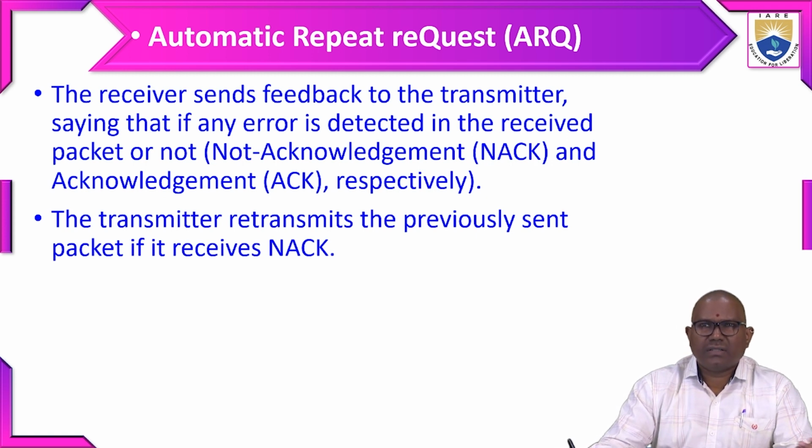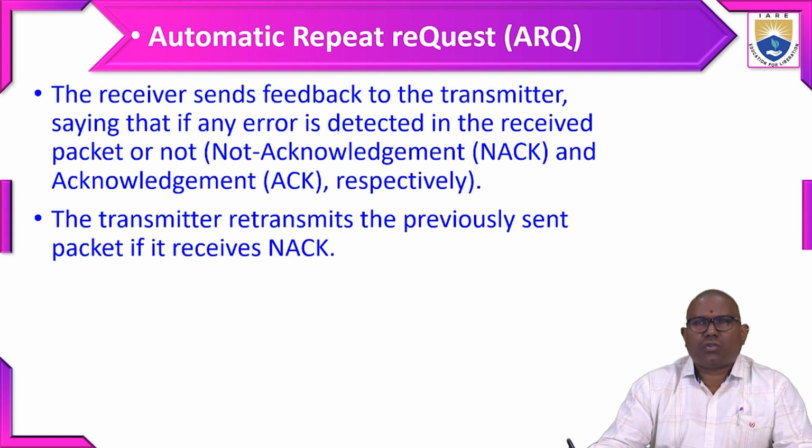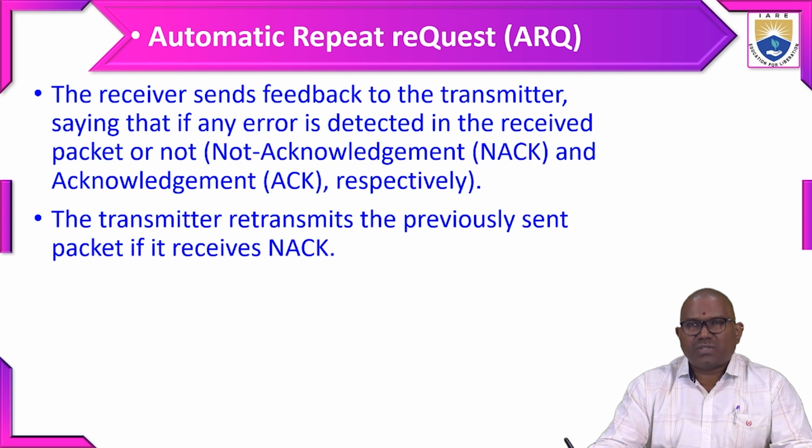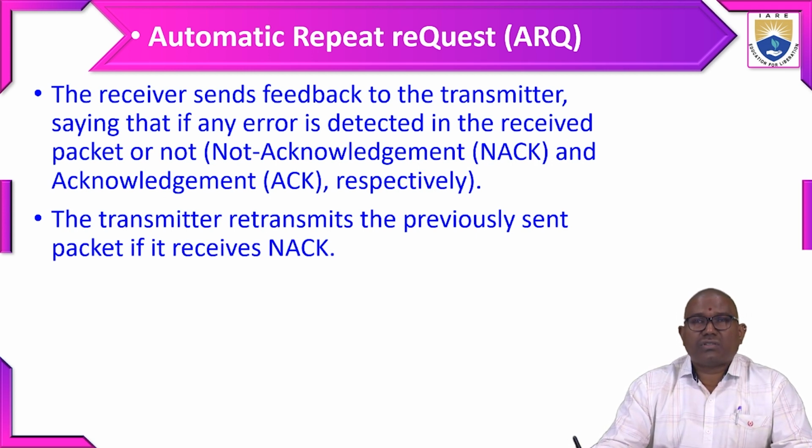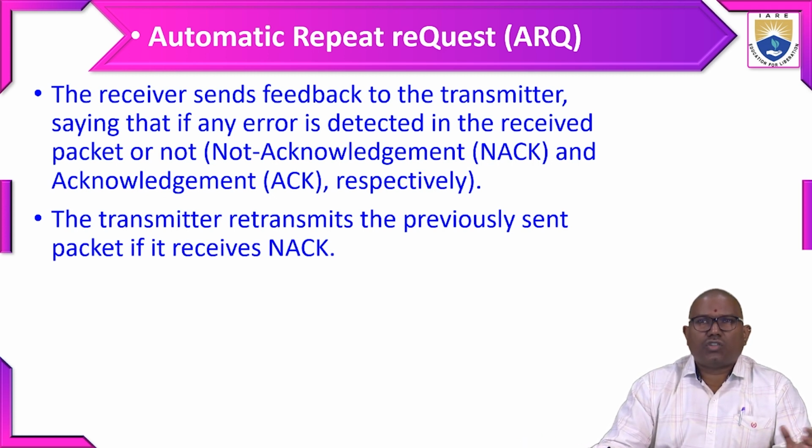Just like a post, when you receive it, you give some acknowledgement, saying I received it. The transmitter retransmits the previously sent packet if it receives a NACK, a not acknowledgement, meaning I have not received it. So the transmitter retransmits. That is automatic repeat request, ARQ.